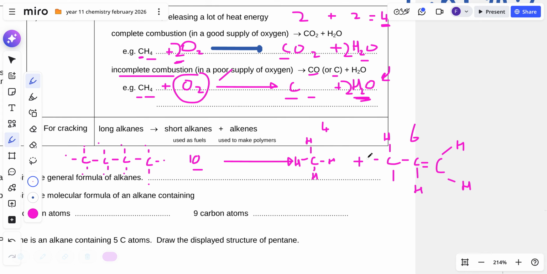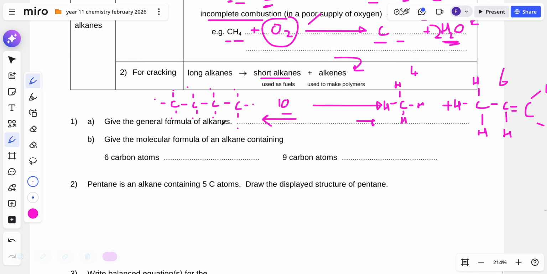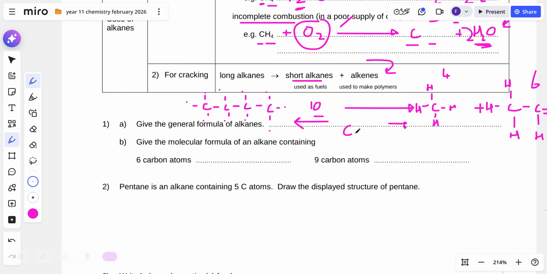So whenever you crack a hydrocarbon, you'll get an alkane and an alkene. However many carbons you've got on your left, you must have on your right. However many hydrogens you've got on your left, you must have on your right. The general formula for alkenes, CnH2n, we went through last time.